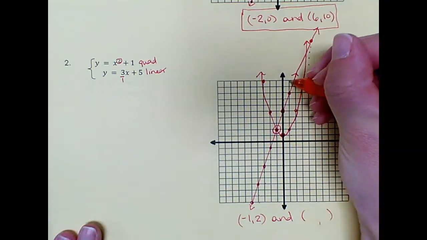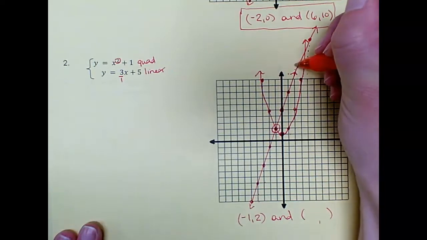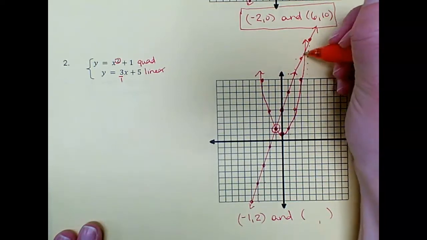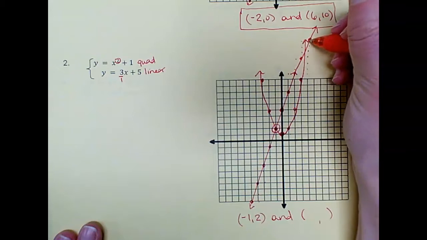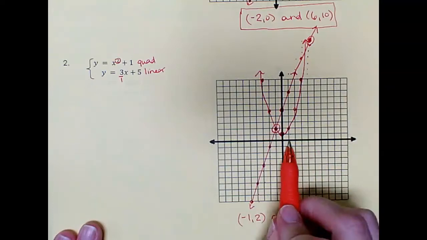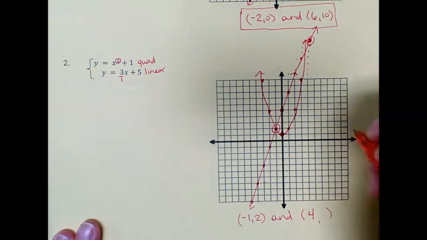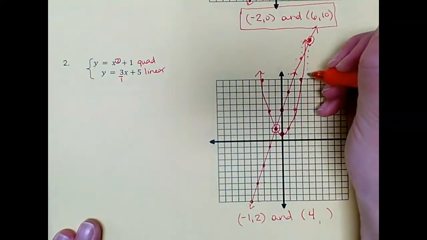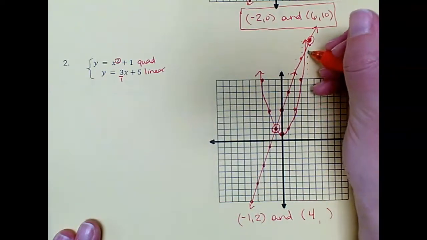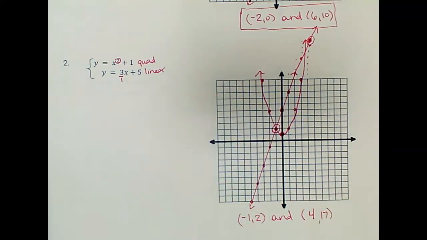So up 3 over 1, up 3 over 1, up 3 over 1. So I do have this point right here where they intersect as well. And that'll be 4, comma, 17. So it is possible that you might have to extend off of the graph.